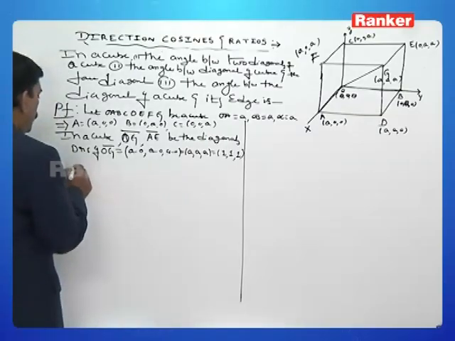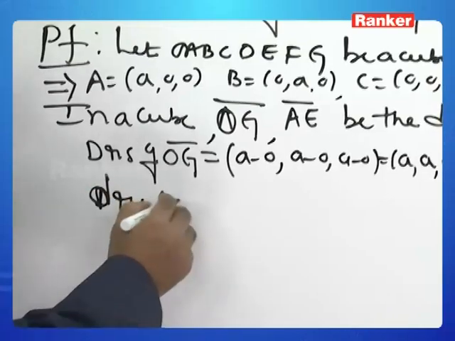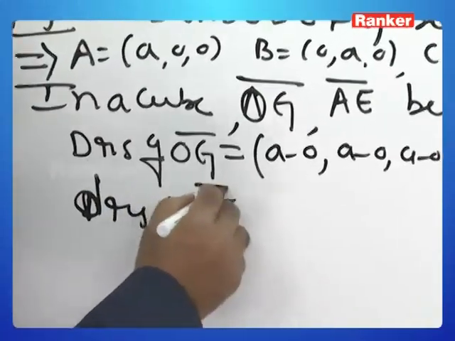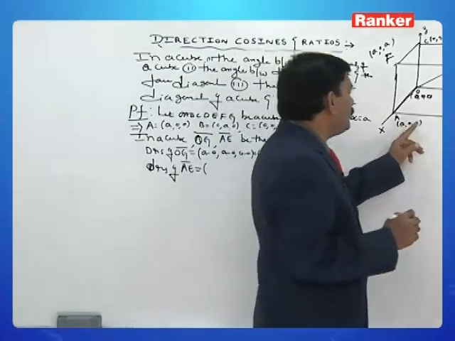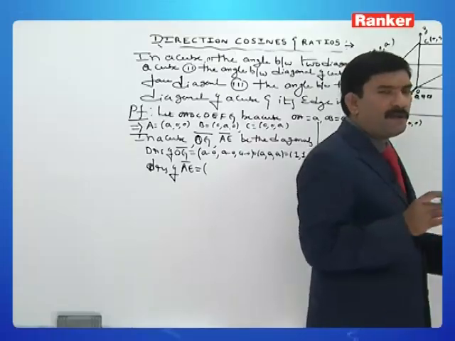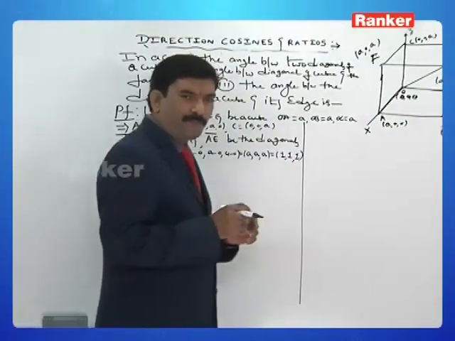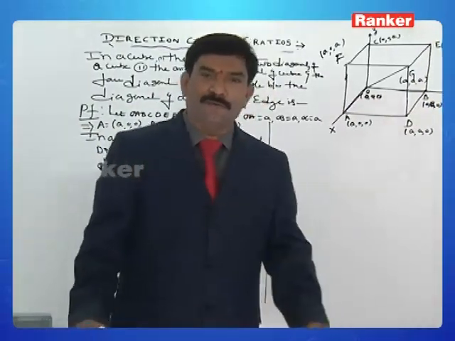Next, DRs of AE bar. A is (a, 0, 0) and E is (0, a, a). E is a point in the YZ plane, so it is quite obvious that the x coordinate is equal to 0.